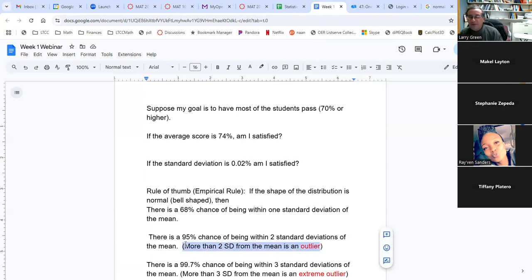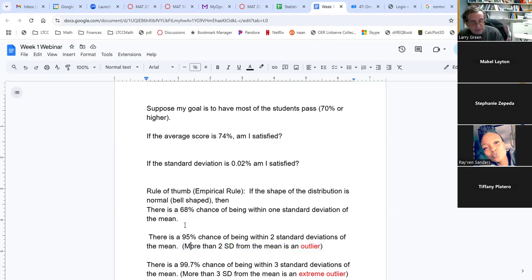Got it? Write that down on paper right now so you don't forget. I'm going to say that a lot during these webinars. That's important because that's going to be our class's definition. There's more than one definition of outlier. This is our class. If you don't use this one, you lose points. This is the most common definition, but there are others also. This is the one we're going to use.